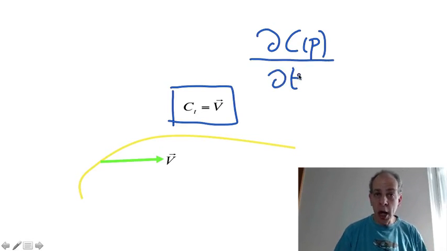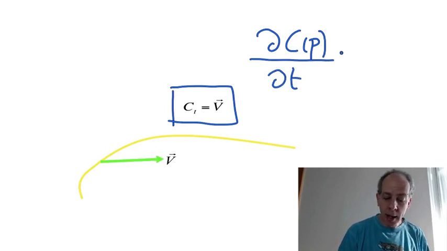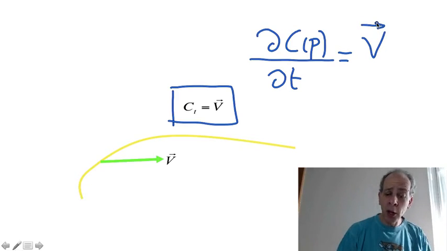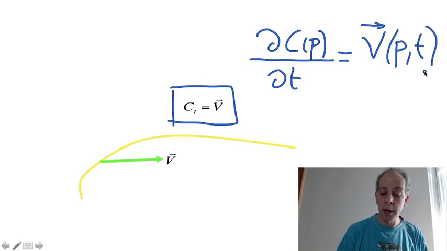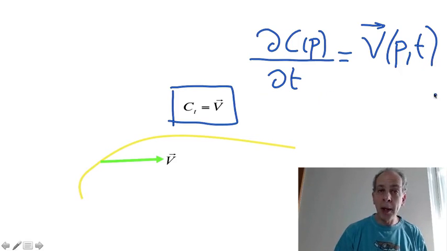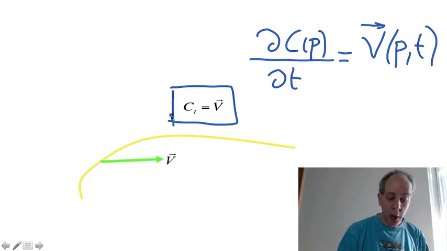So the curve is changing in time is equal to certain velocity, and the velocity is again at a given point, and the velocity might be changing in time. So this is the complete equation. It's a partial differential equation, and we write it in shorter form, as here, where we know that the subscripts represent derivatives.